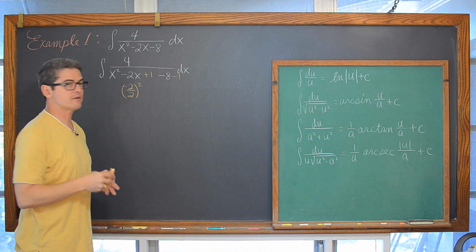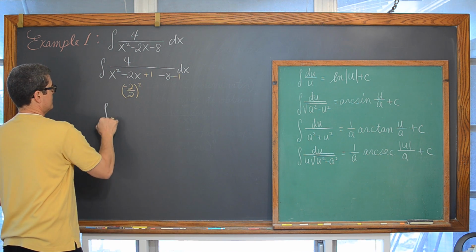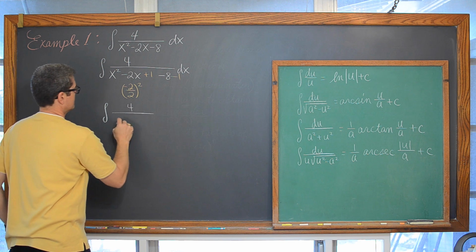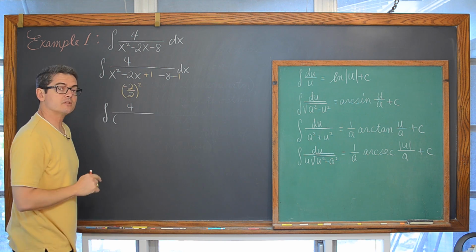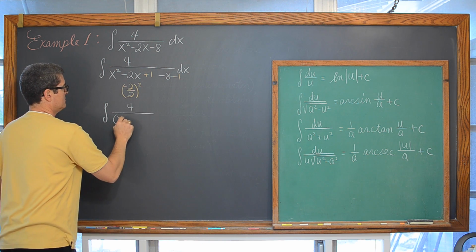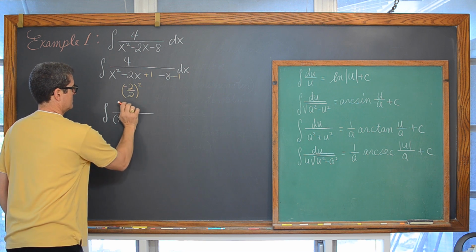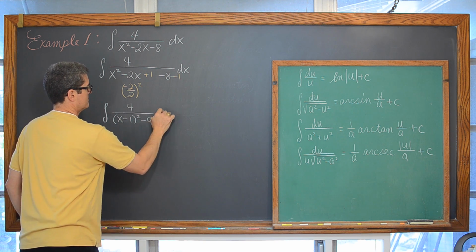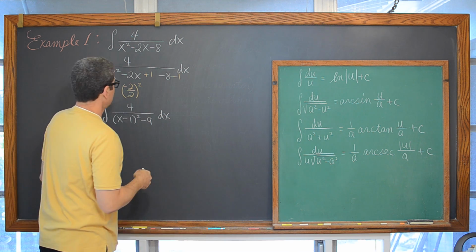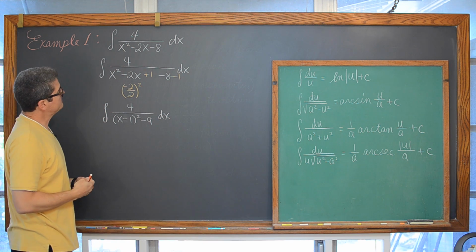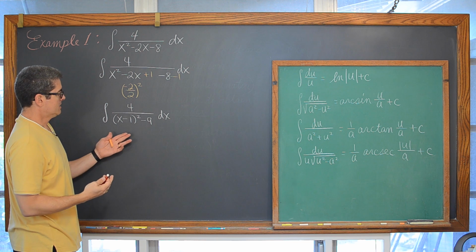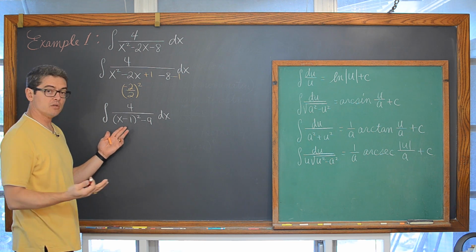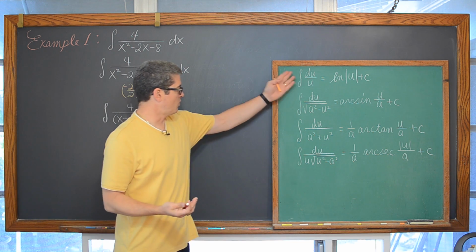If you add 1, of course, you have to subtract 1 to balance that out. When you complete the square, you set up a perfect square trinomial. That'd be minus. Excellent.